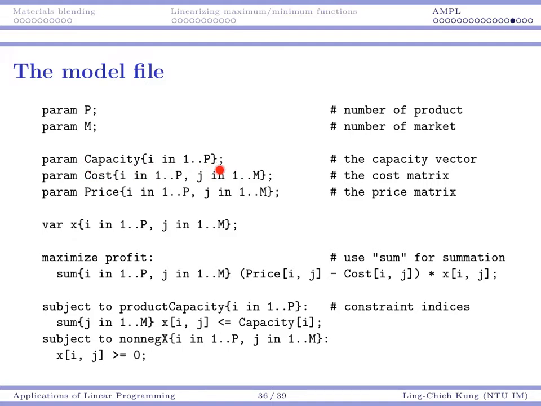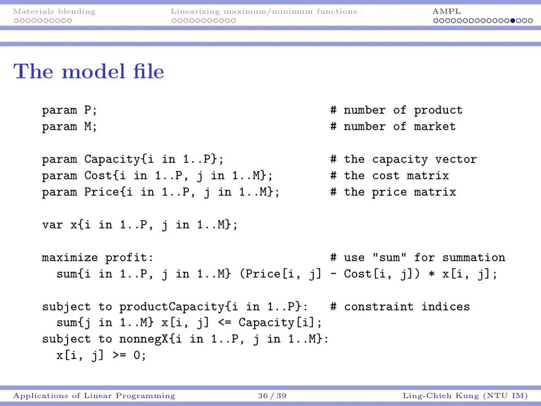So when I use these curly brackets to do the definition, that means I am declaring a capacity vector where I use i as the index and I have 1, 2, 3, 4, 5, and so on, up to P different values for capacity.